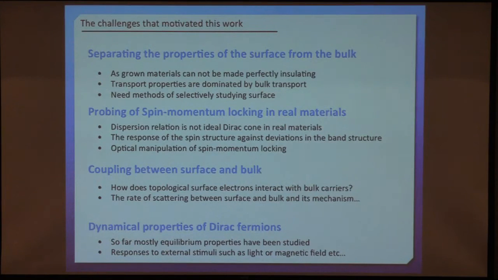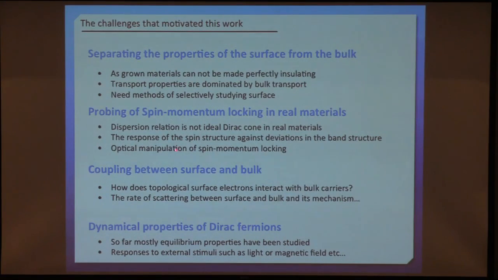Just because when you grow bismuth selenide, for example, there appear to be some selenium vacancies that you can never get rid of, which dope the sample. When the sample is doped, the material is not insulating, but it's essentially a metal. There are a lot of bulk carriers around as well. If you were to do a transport experiment, for example, it's very hard to separate surface from bulk.